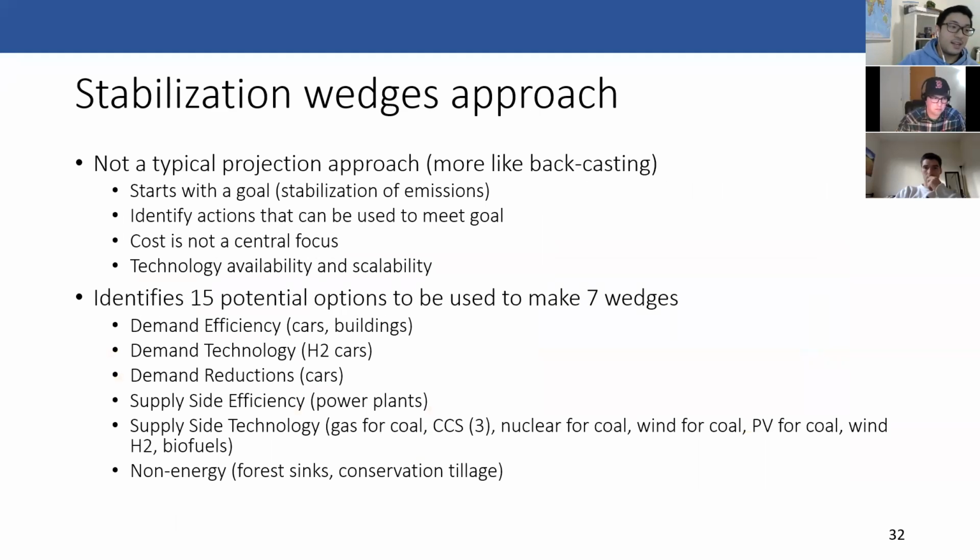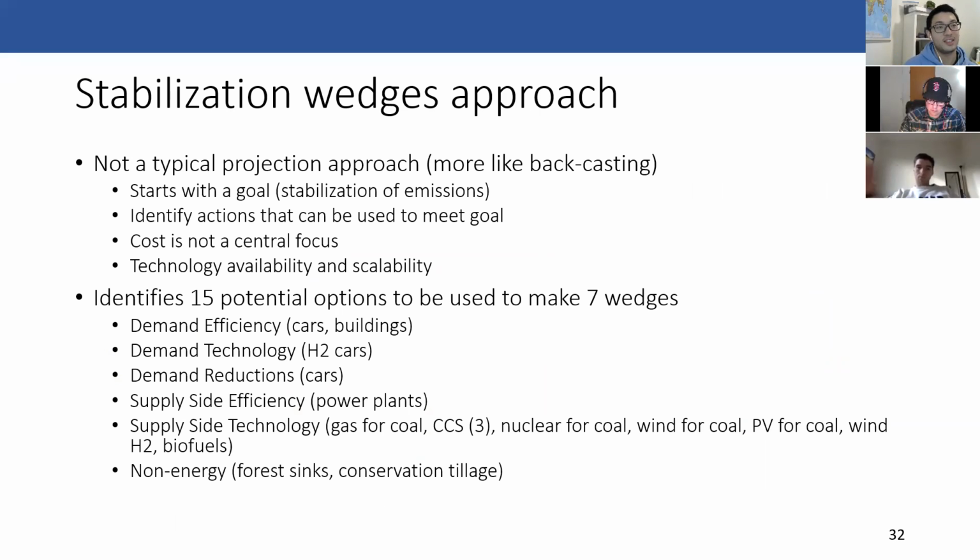So this is not really a typical projection, right? This is more like a backcasting. You start with a goal, which is to stabilize emissions, and then you figure out what actions can be used to meet that goal. It doesn't really care about costs.